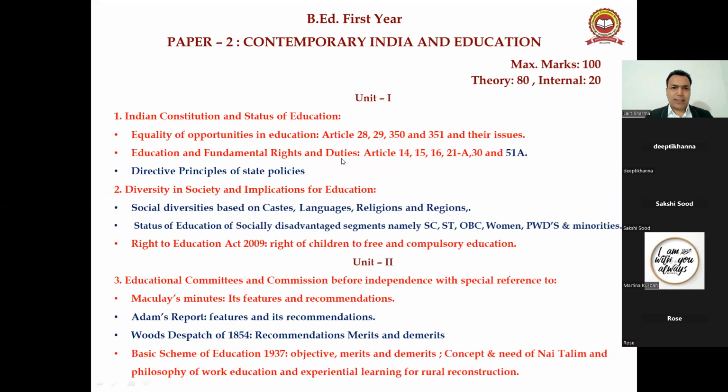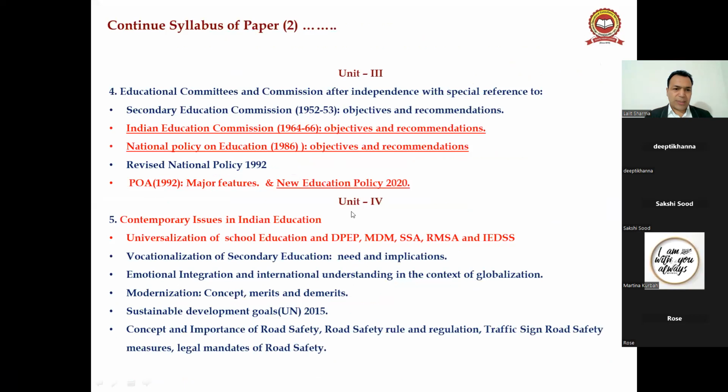Increase the size of the PPT. Contemporary Indian Education. Now you can see your unit 4. In unit 4 there is universalization of school education, DPEP, MDM, SSA, RMSA, and IEDSS, right? So these all are approaches.